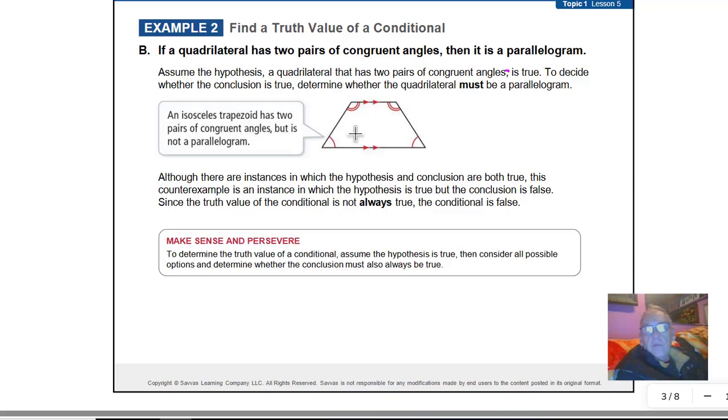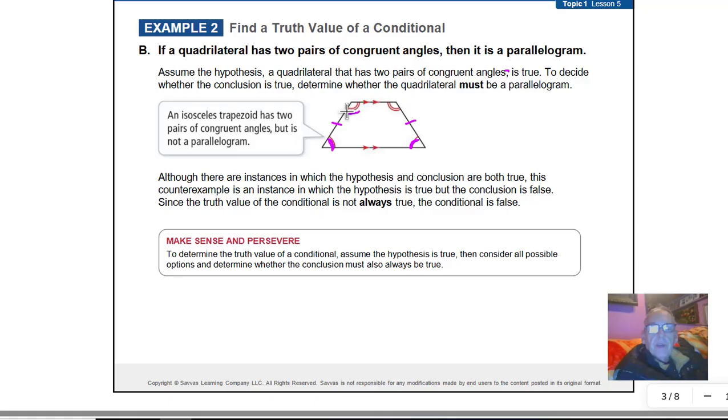They come up with an isosceles trapezoid as an example. Now, an isosceles trapezoid has exactly one pair of parallel sides, and the two, what we call the legs of the trapezoid, are congruent to each other, and the base angles are congruent, which means this angle down here at the bottom is congruent to the other one.